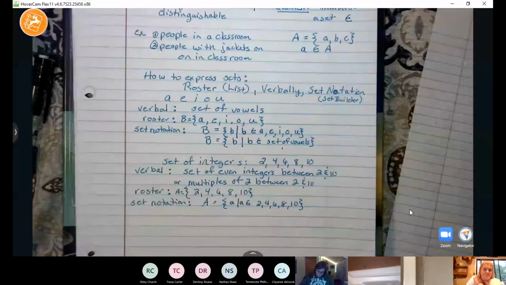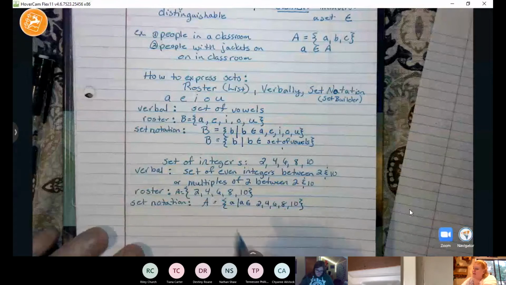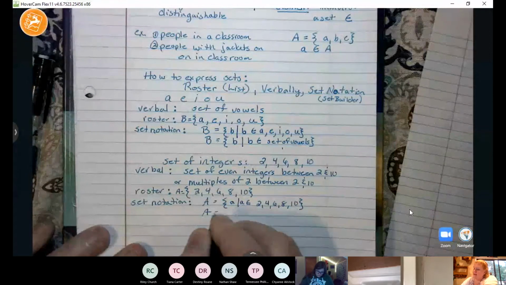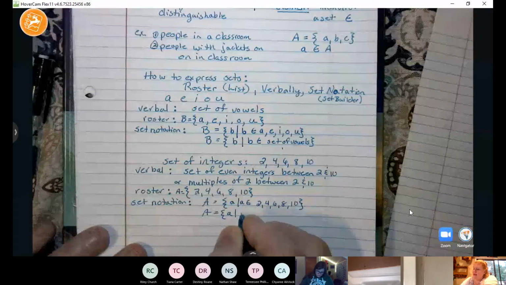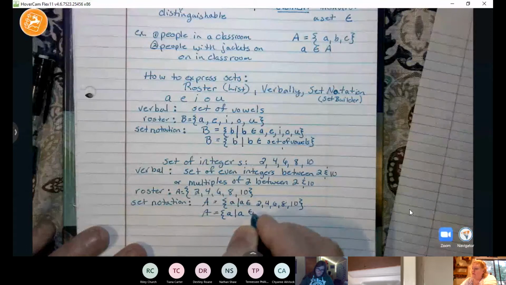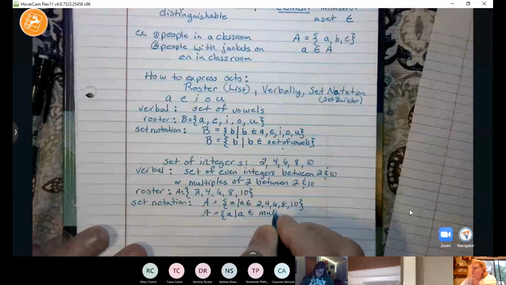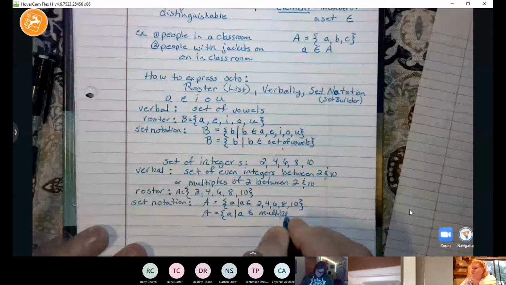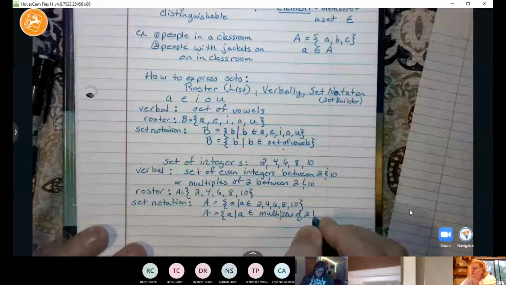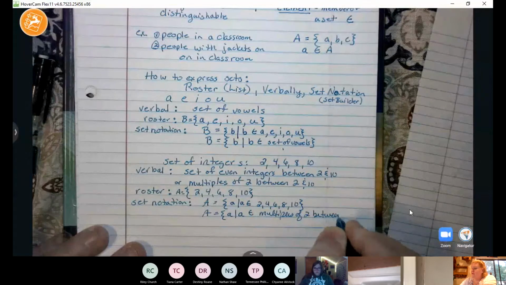That is one way. There are other ways. I could say A such that A is a member of multiples of 2 between 2 and 10.